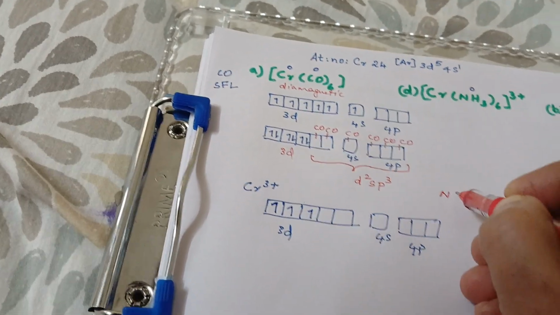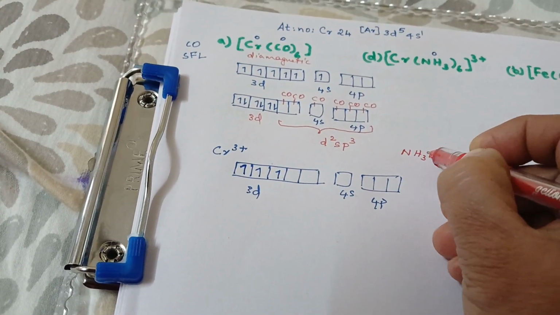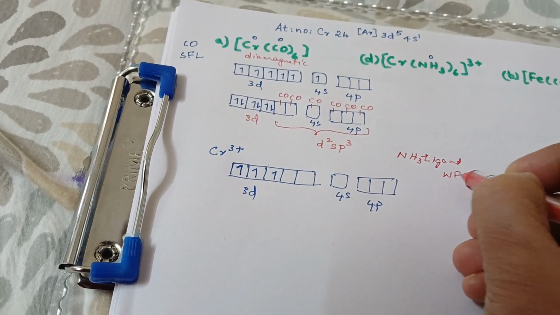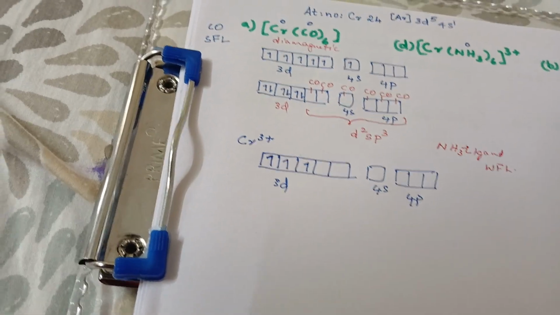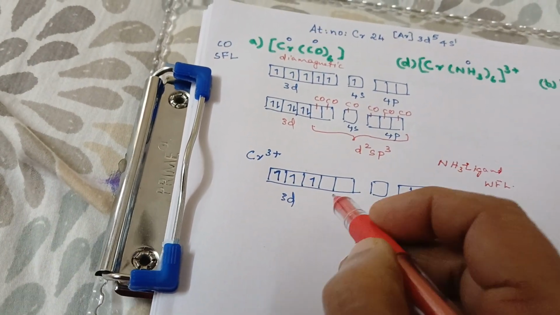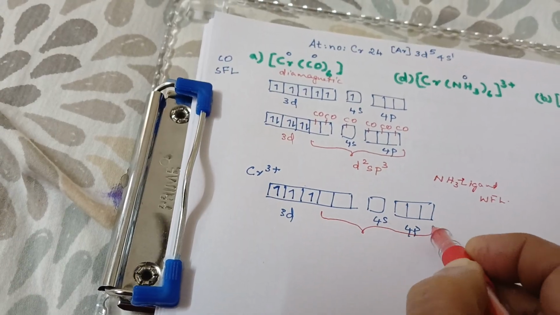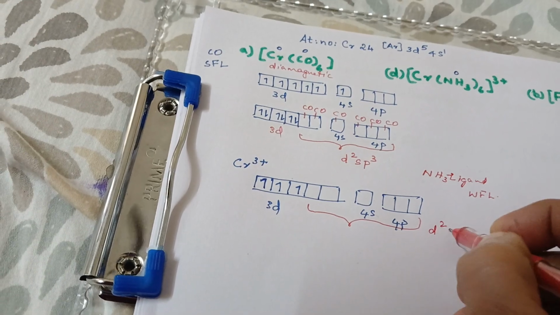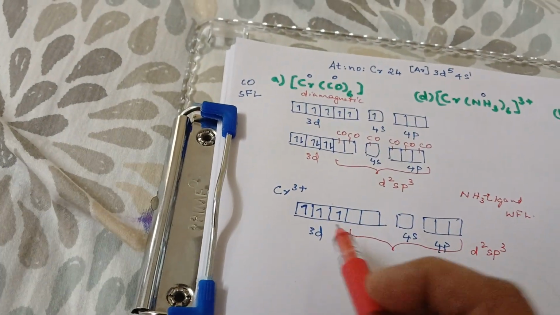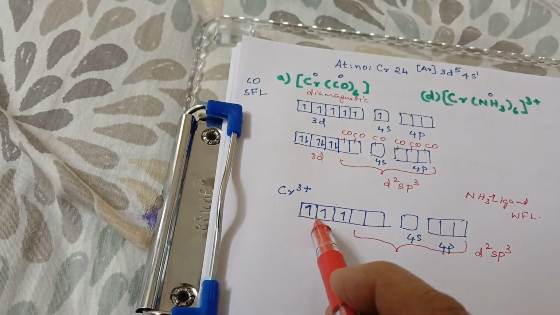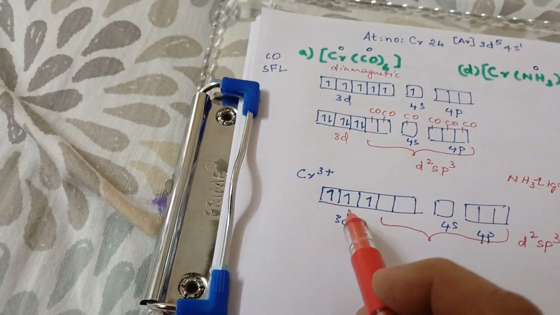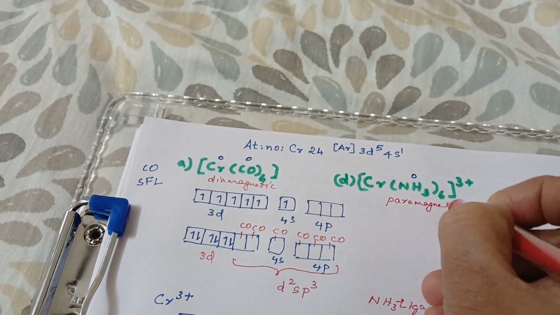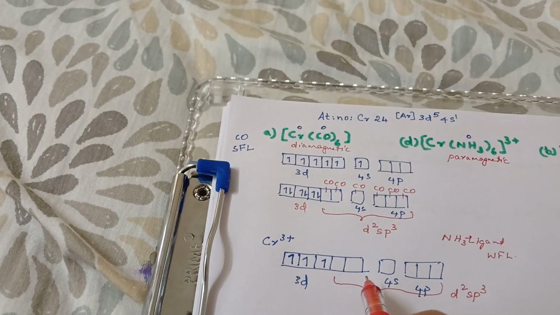NH3 is a weak field ligand. So it will not make the electrons pair up, and it will be giving d2sp3 hybridization, but there will be 3 unpaired electrons in its orbitals. So this complex will be paramagnetic due to the presence of these unpaired electrons.